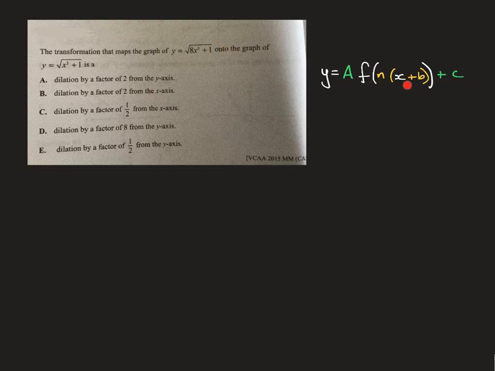Or are my changes actually within the function itself? So are my changes within what I've got in here? And that's what it is. So the changes that I'm going to need to make are going to be changes to my x value. So I'm going to need to either add something to the x, or multiply the x by something when I replace it in here, so that that 8 disappears.